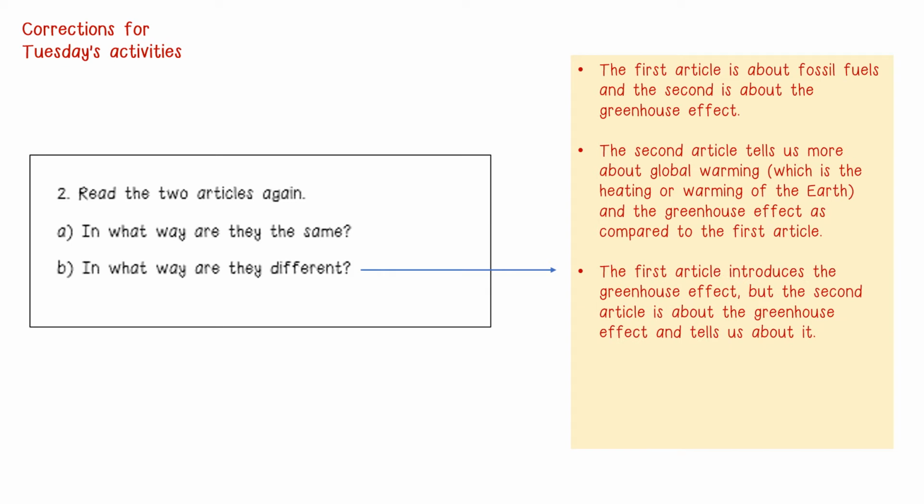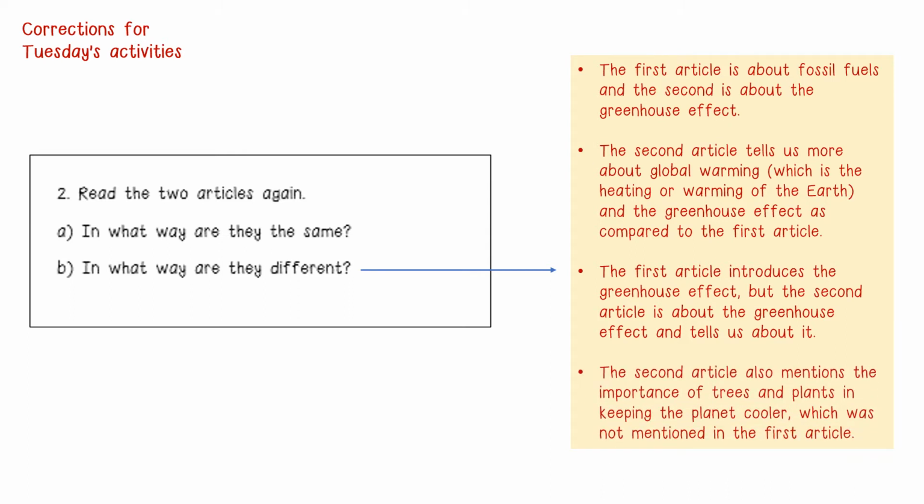The first article introduces the greenhouse effect, but the second article is about the greenhouse effect and tells us about it. So the first article simply introduced the greenhouse effect in one sentence, but the second article, the entire article is based on the greenhouse effect.